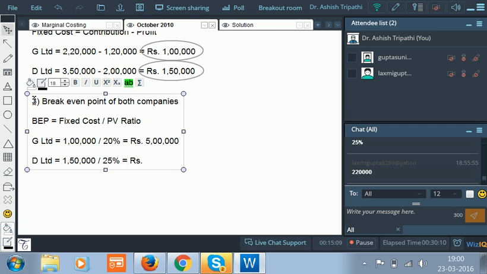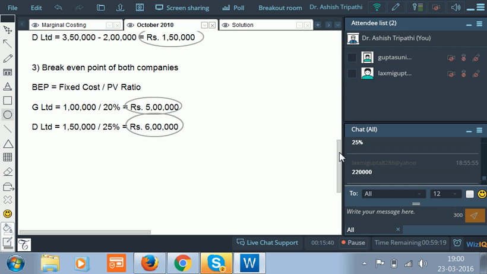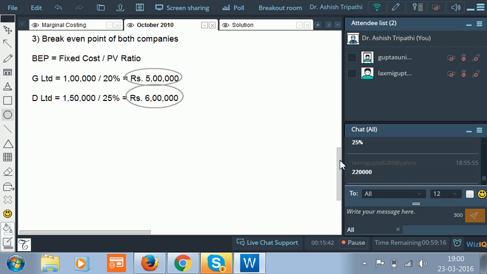Let us calculate 1,50,000 divide by 25% will give you rupees 6 lakhs. So we will have to circle these answers. We'll have to always highlight these answers. Okay, so we were able to calculate the third part also. Now let us try to calculate the fourth part.